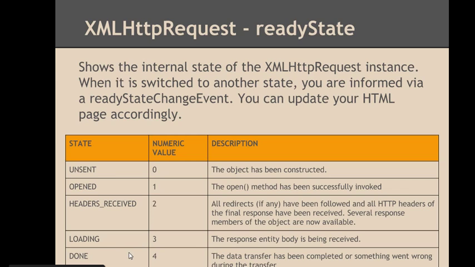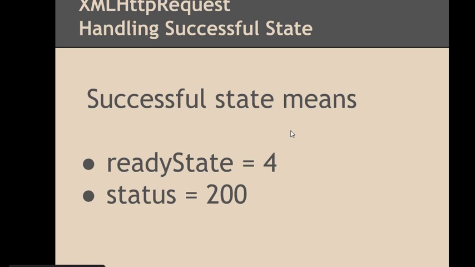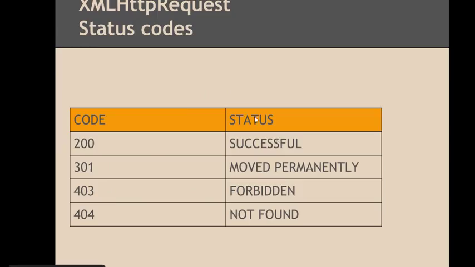And it is 4 when all the response has been gathered from the server. So the successful state means that ready state is 4 and the status is HTTP 200. Other status codes are 301, 403 and 404. You know, the codes of the HTTP protocol.